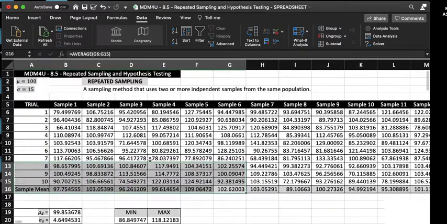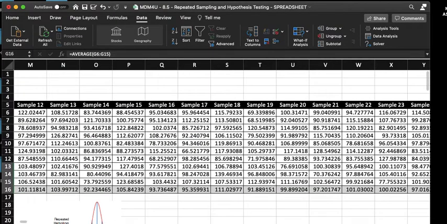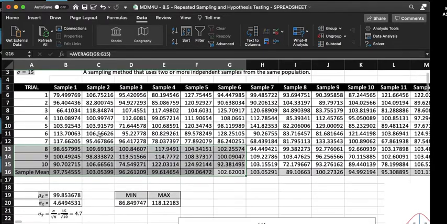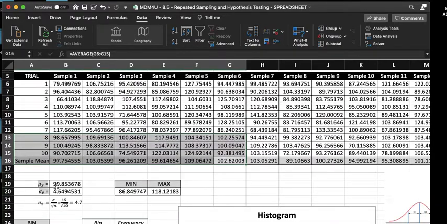Now that being said, let's take a look and reinforce some of those concepts that we've learned. The mean of the sampling distribution would be these values here at the bottom, which is the sample mean for each of these different columns, for each sample. These are the values that we're talking about when it comes to the mean of the sample means.